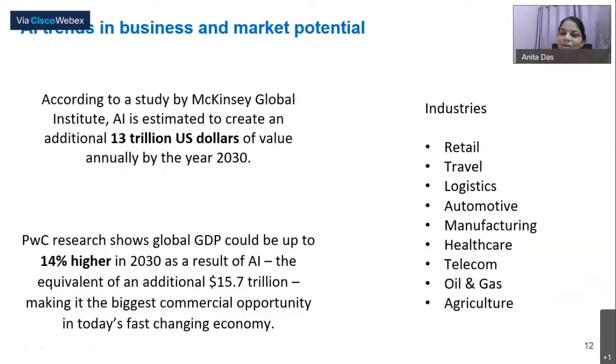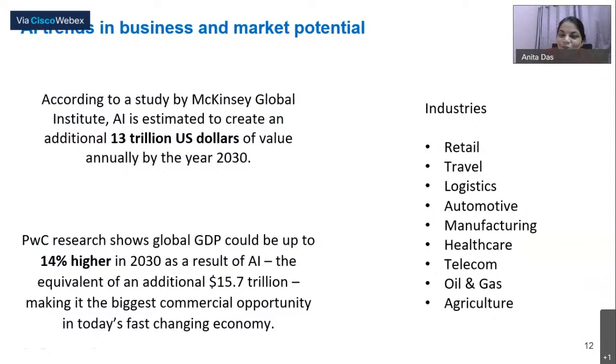According to Andrew Ng, AI is the new electricity, and irrespective of the industry, AI will bring value and business to that industry. We only have to look at what kind of problems we can solve in that particular domain.